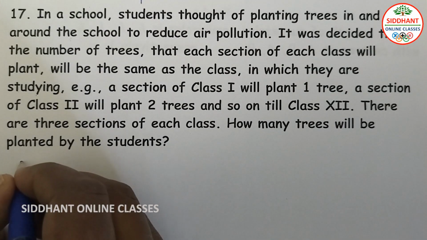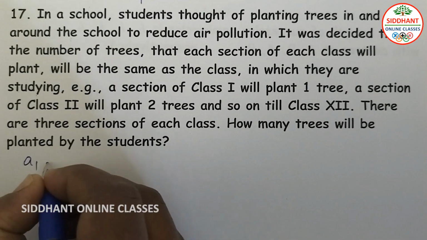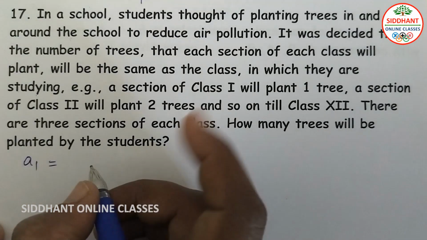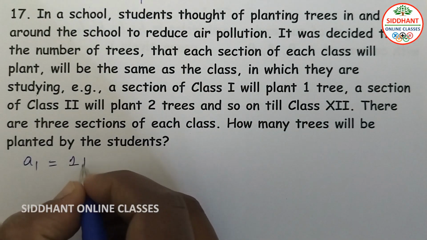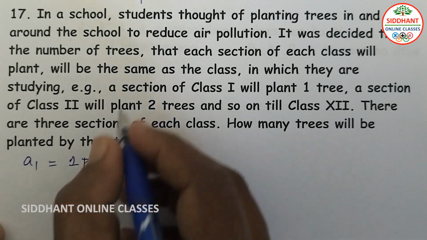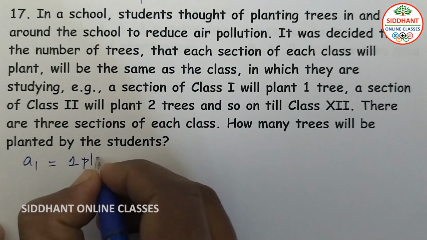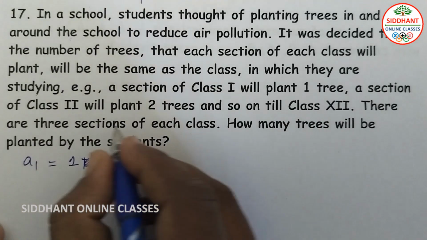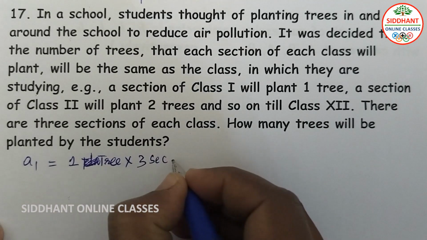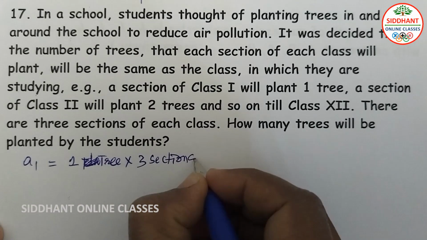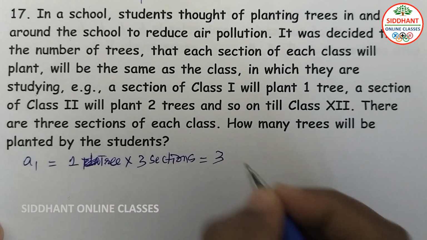So here class 1, suppose we take A1, so that is one tree they are planting, so this is 1 tree here, into in each class 3 sections are there, so that will be 3 here.